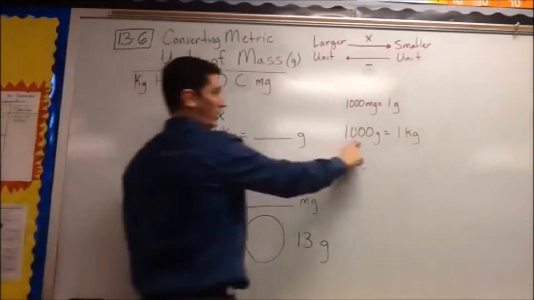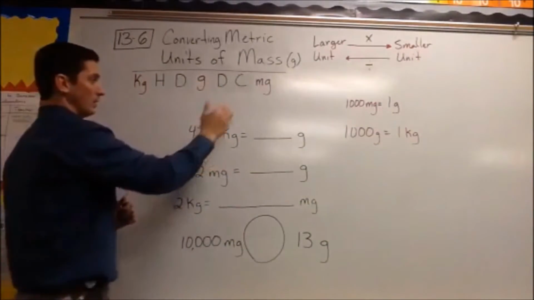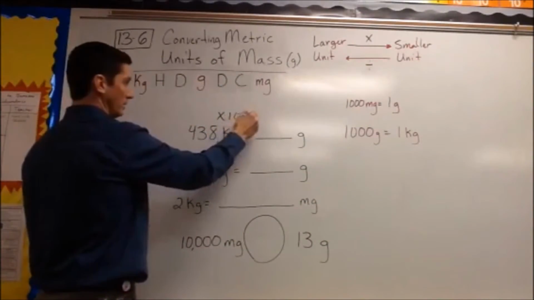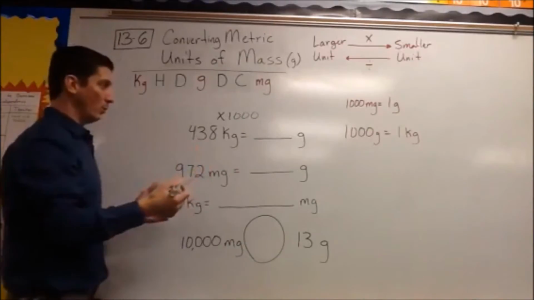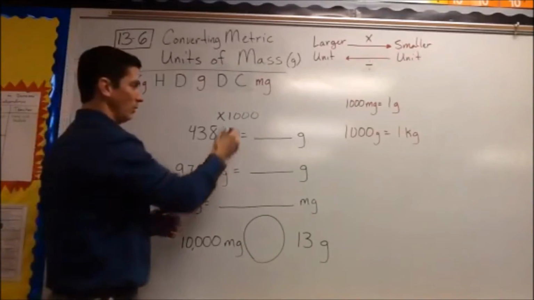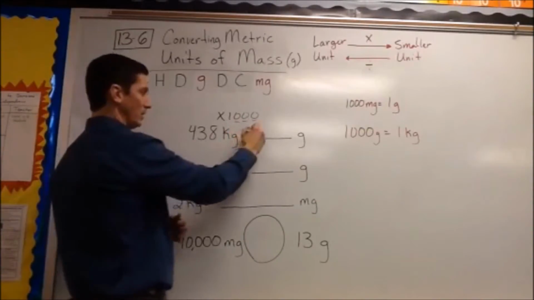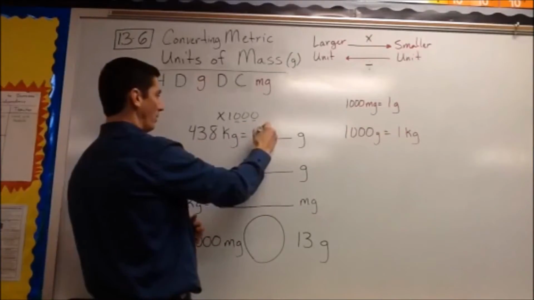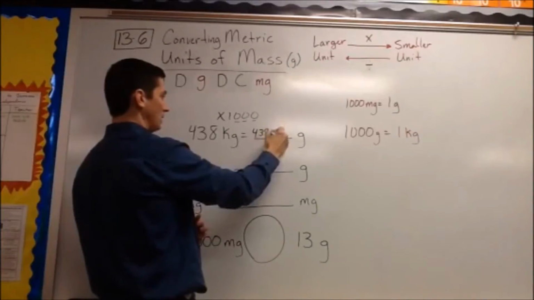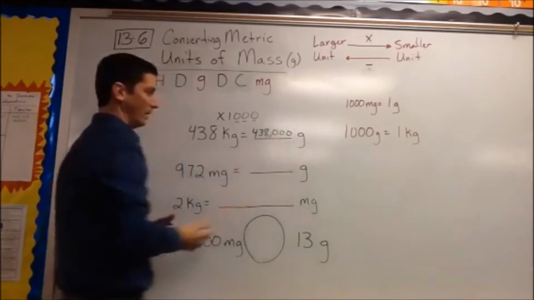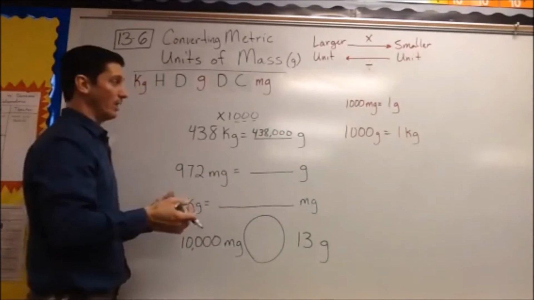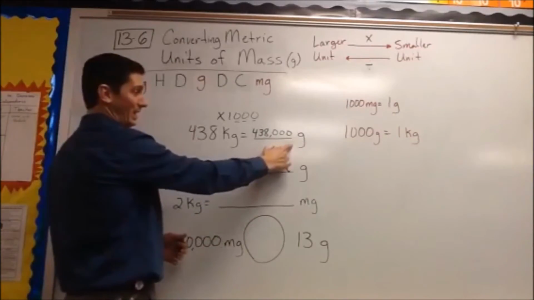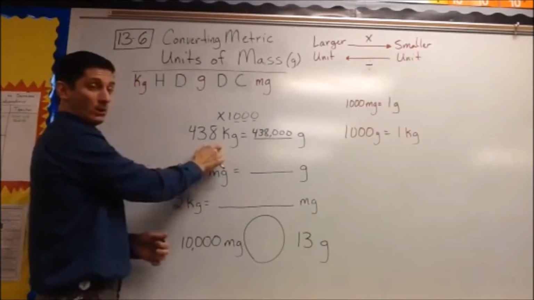There are 1,000 grams in 1 kilogram, so I multiply by 1,000. Remember, when you multiply by a power of 10, you include that many zeros. So in 438 kilograms, you have 438,000 grams, because you need a lot of these for a bigger unit of these.